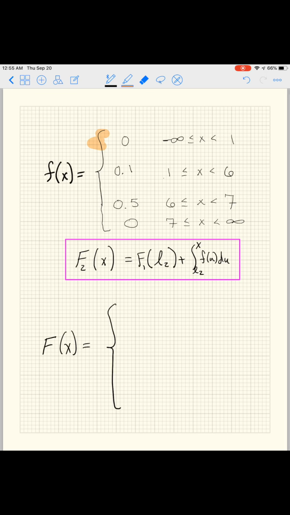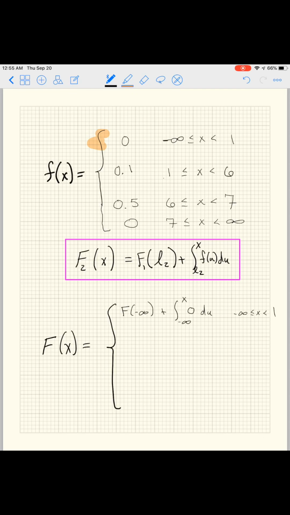Alright, so I've got this PDF and I want to know what the CDF is, and I want to make sure I get my limits of integration correct. In this first row, I am just going to write F of negative infinity plus the integral from negative infinity to x of 0 du, and that is for negative infinity less than or equal to x less than 1.